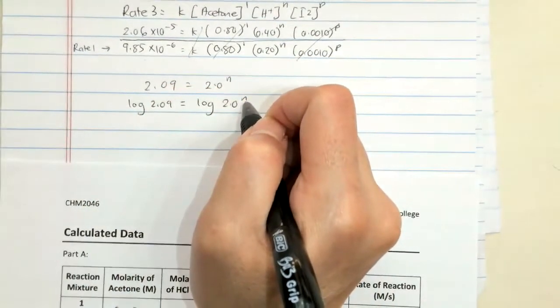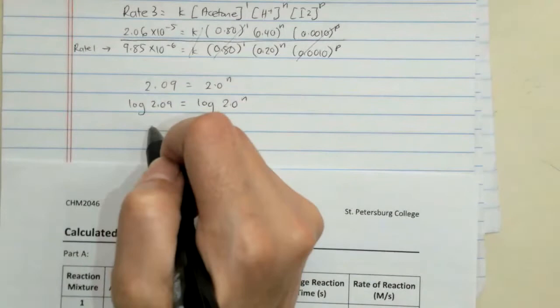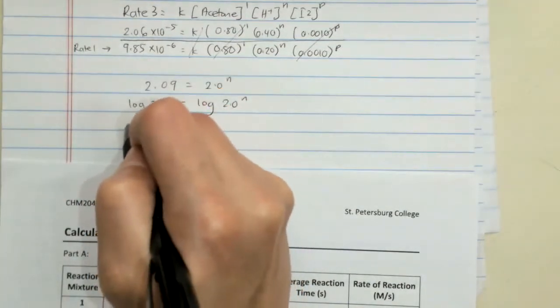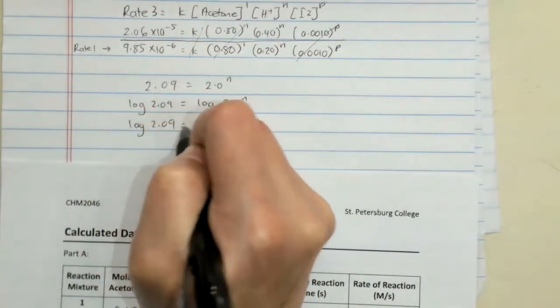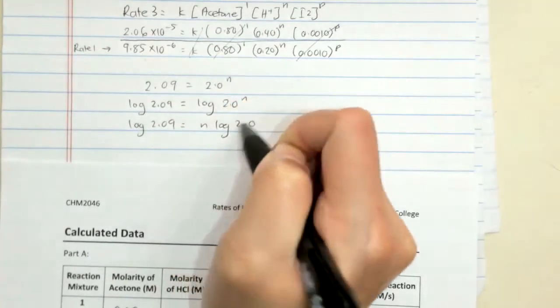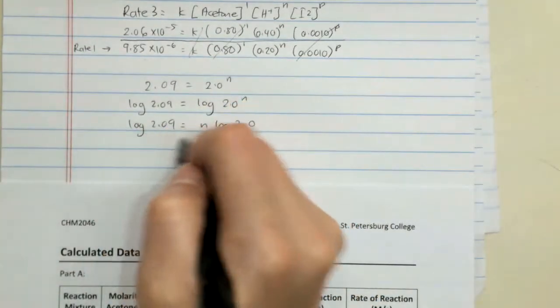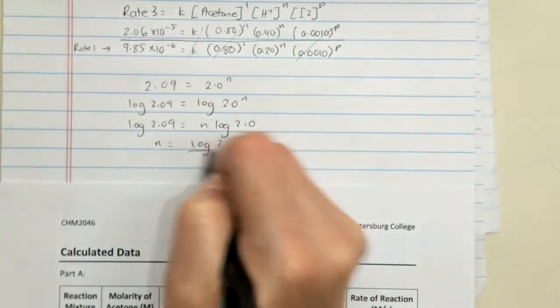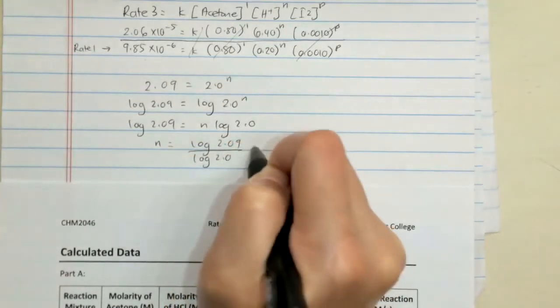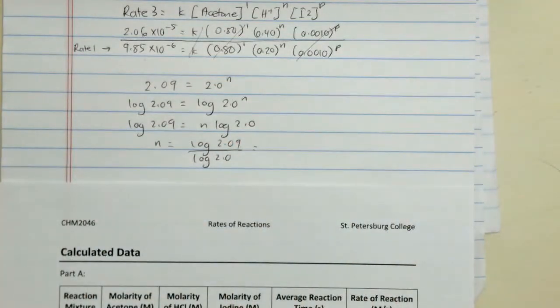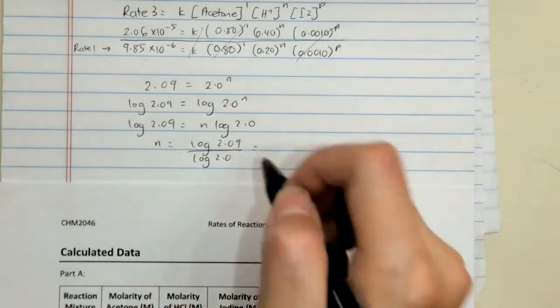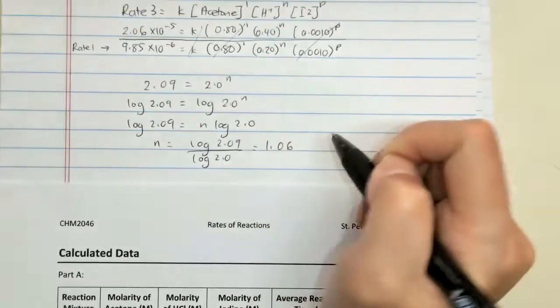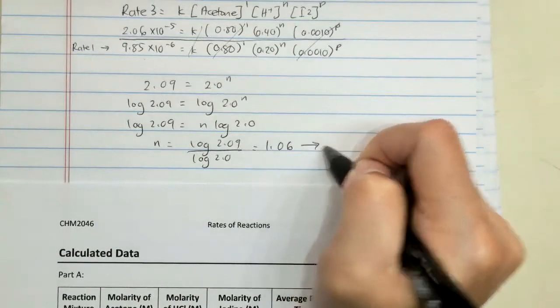So now we take n here, log 2.09 equals n log 2.0. So then we have n equals log 2.09 divided by log 2.0. That should give me the answer of 1.06. So round it up to 1.